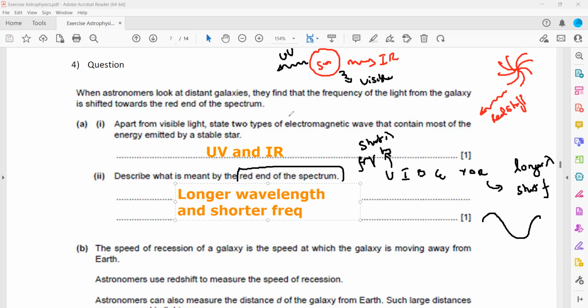If you write 300 nanometer here, that is not correct. When you check the spectrum, red is 700 nanometer, whereas violet is 400 nanometer. This is the wavelength range.